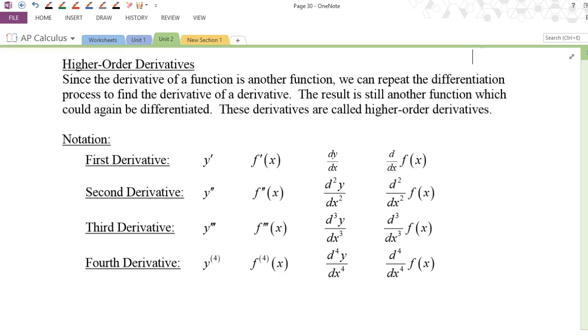The notation that you will see more often is this with the little hash marks. What is that thing? Apostrophe. You'll see that more often, but every once in a while they'll throw in that other notation with the dy and the dx. So just be aware of what they're asking you to do. It's just take another derivative.